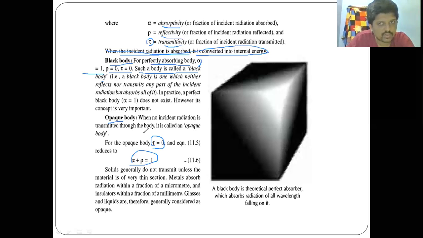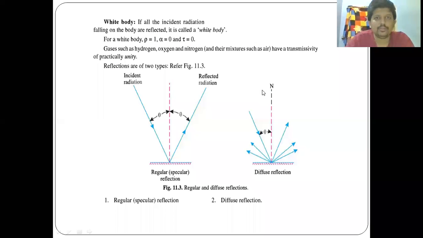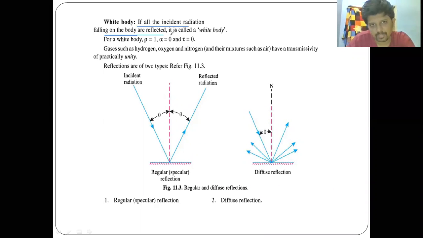So we have seen the black body and the opaque body. Now if you go to the white body, all incident radiation falling on the body is reflected. That means rho will be 1, and absorptivity and transmissivity will be 0. Okay, for a black body, absorptivity is 1. For an opaque body, transmissivity is 0. And for a white body, the reflectivity is 1.